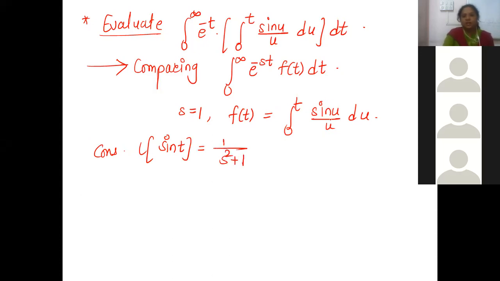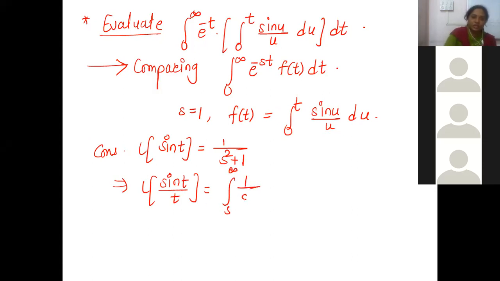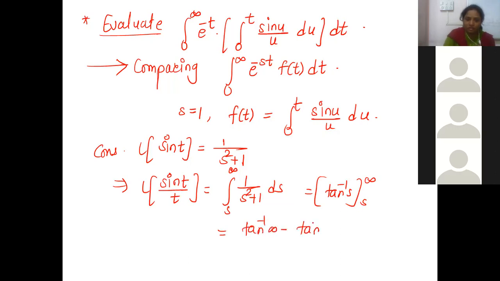On that sine t, your next property is division by t, that is integration from s to infinity of this. So what is that integration? Tan inverse s from s to infinity. That is tan inverse infinity minus tan inverse s.